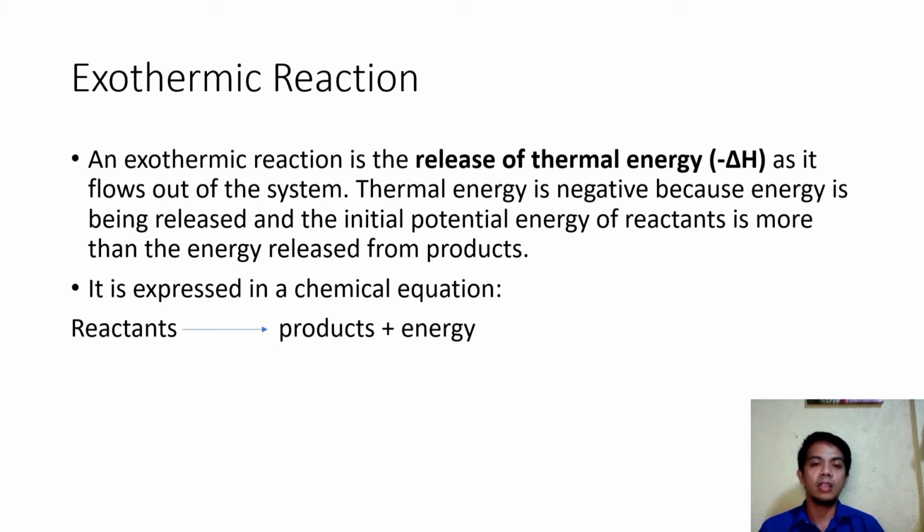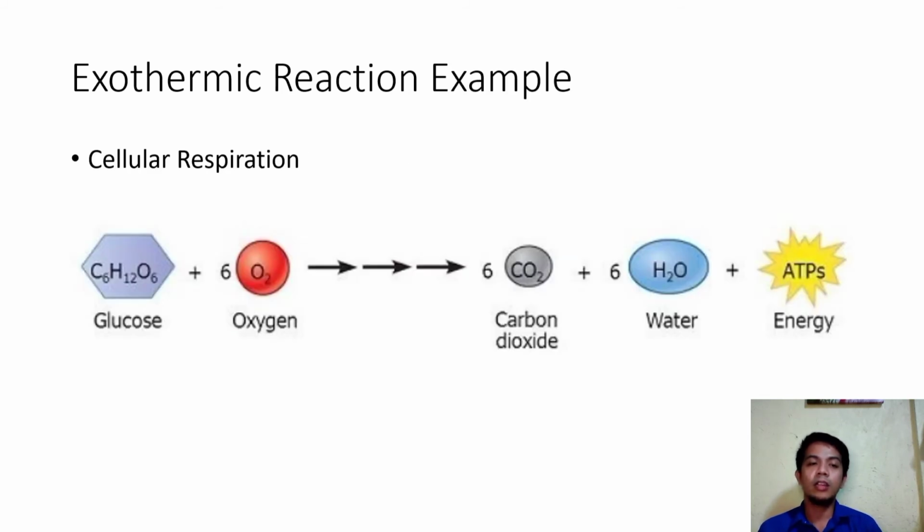So now let's explore the exothermic reactions occurring around us. A good example of exothermic reaction is cellular respiration. Cellular respiration is an essential exothermic reaction that occurs in every cell and provides energy to our body to maintain all the vital functions of our body.